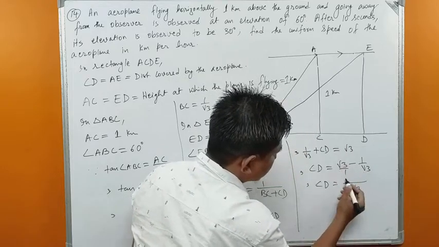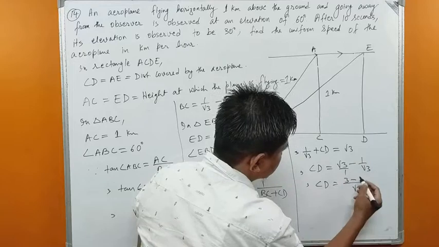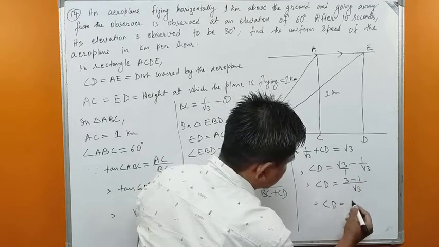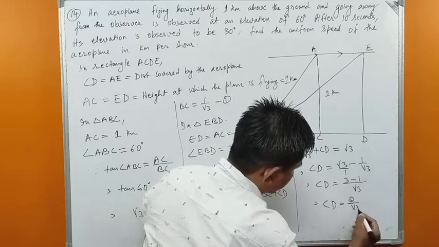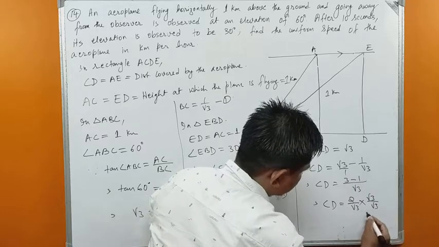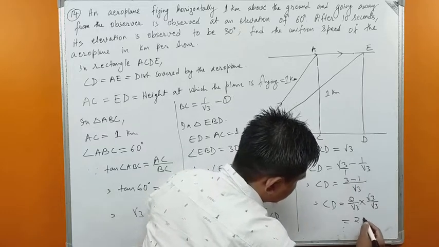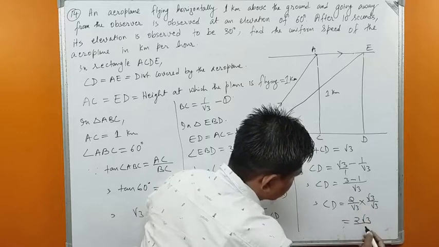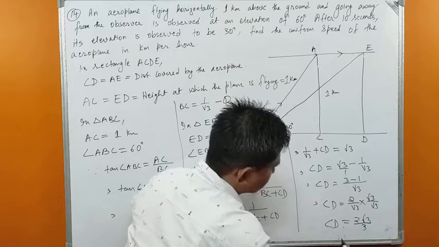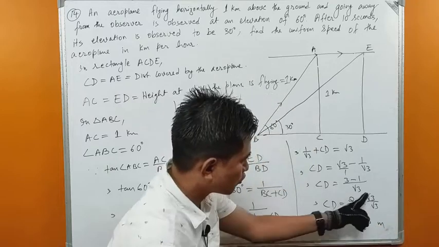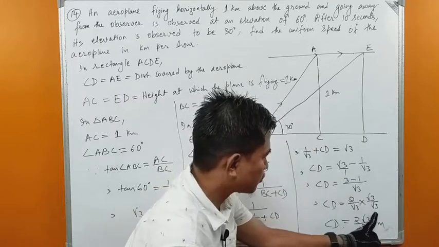Root 3 into root 3 is 3, minus 1 into 1 is 1, so CD equals 3 minus 1 which is 2 by root 3, isn't it? So let us rationalize: 2 into root 3 is 2 root 3, divided by root 3 into root 3 which is 3. The value of CD is 2 root 3 by 3 kilometers.